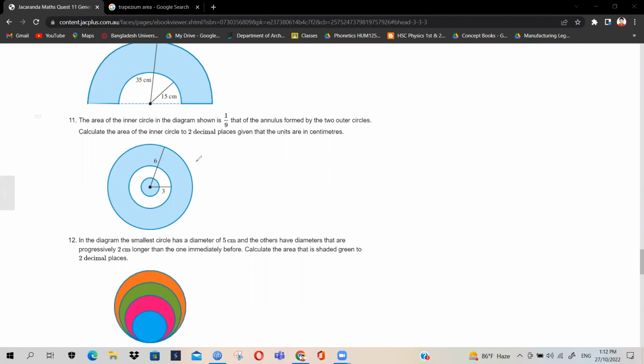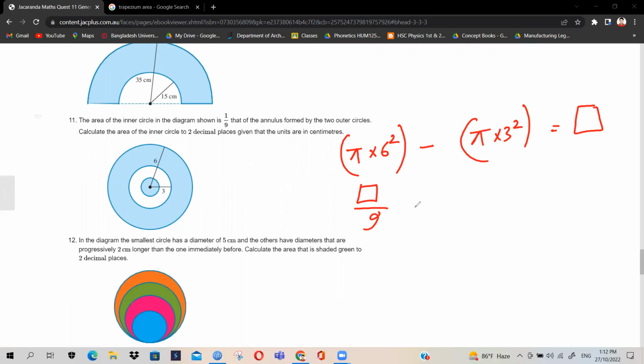For the extreme outer circle, the area would be pi times 6 squared, and for the intermediary circle, it would be pi times 3 squared. You will get a value for this, and if you divide this value by 9, you will get the value of the little circle.